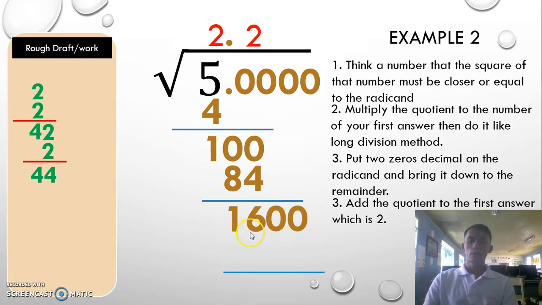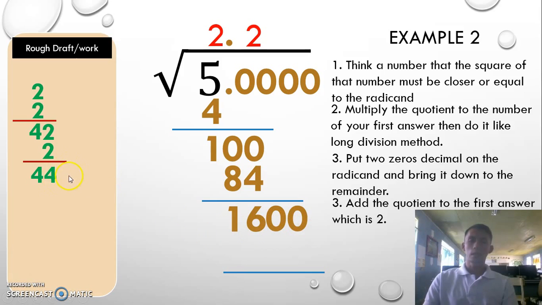And take note, 1,600. The number is 400 something. What is that something to be added here? The product of that number should be closer to 1,600. So what do you think?